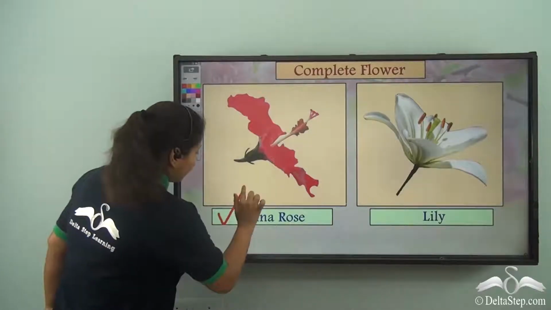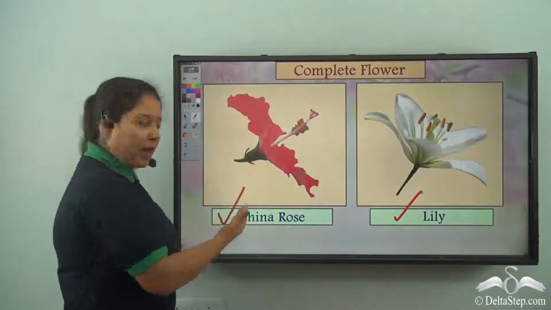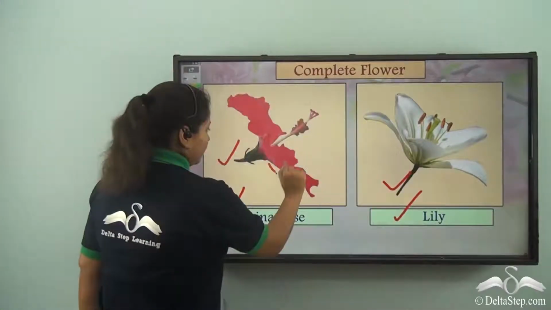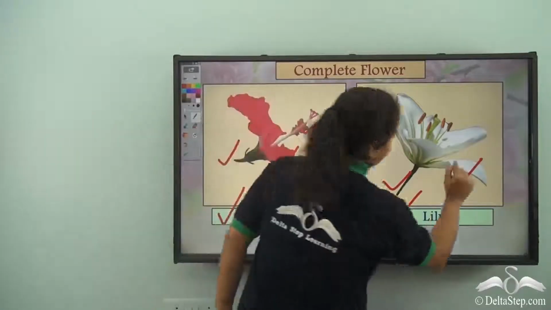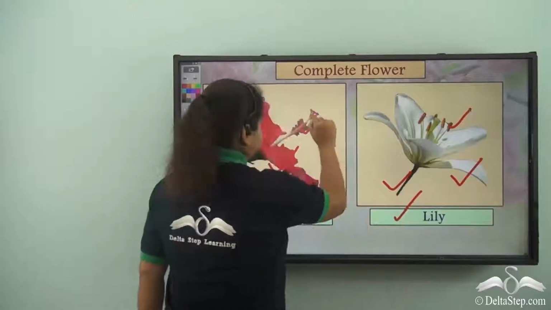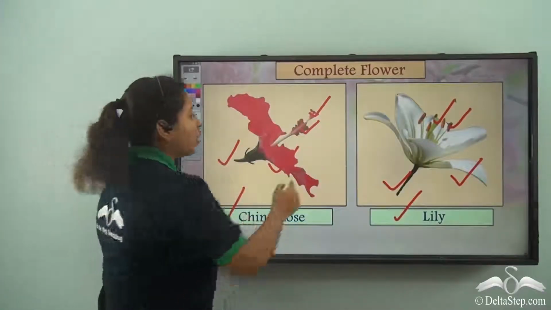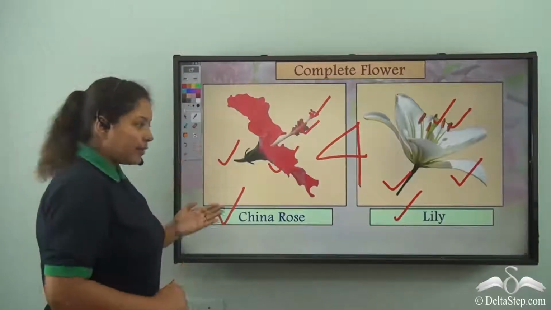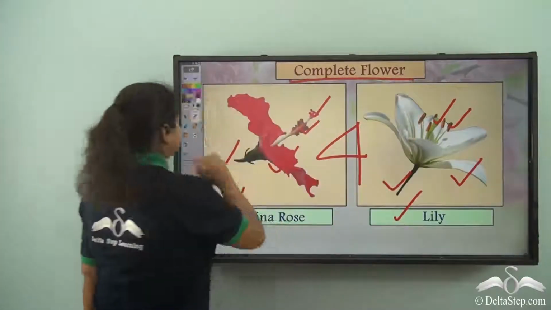See, China rose and lily. If you see in these flowers, they have calyx, corolla, androecium, gynoecium. So they have all the four parts of a flower. So China rose and lily are complete flowers.